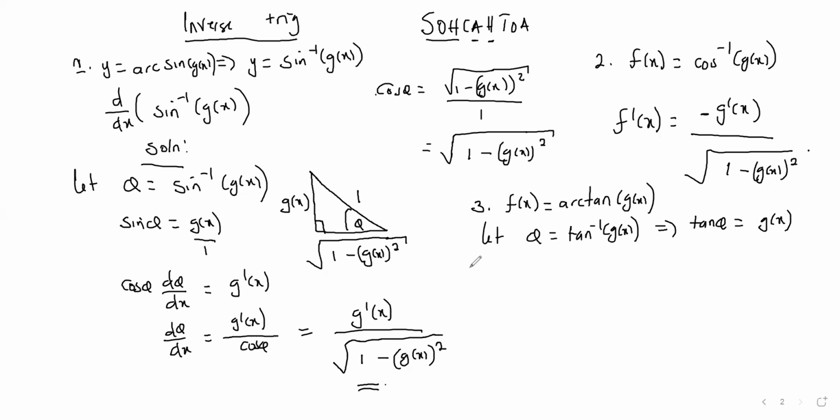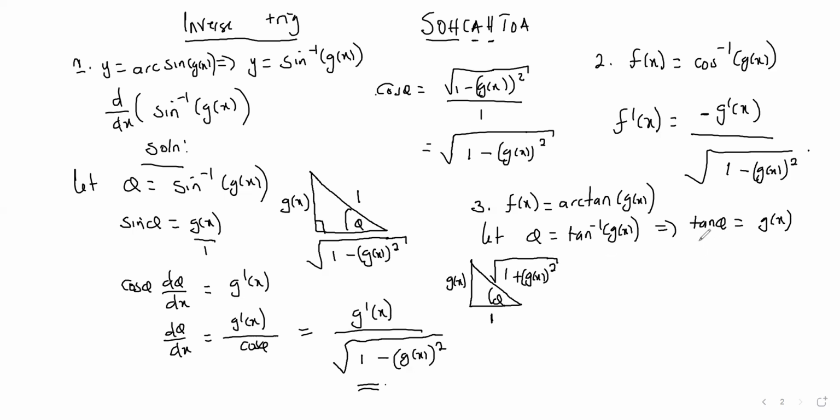So we know that on the triangle, theta will be here. Now tan is opposite over adjacent. So this will be g, and this will be adjacent. Meaning that this guy is going to be the root of 1 plus g(x) squared.